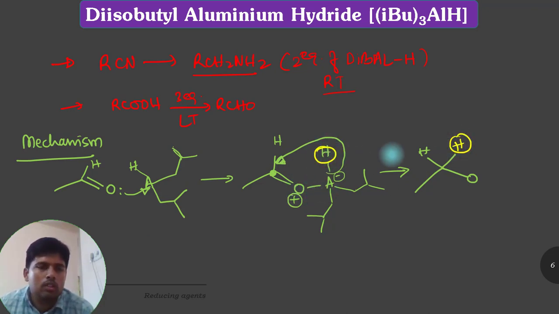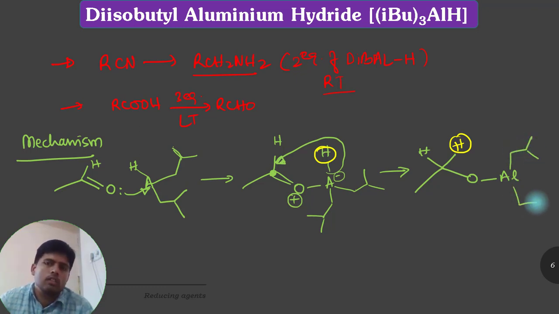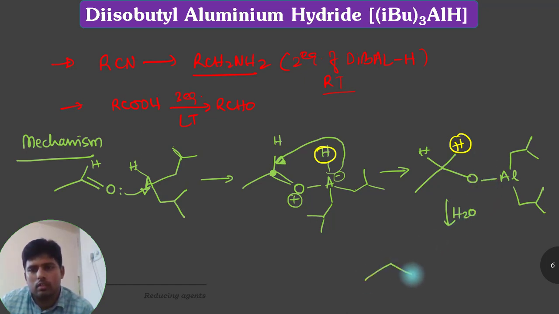So now this is going to be forming O-Al. So this on acid workup or normal water hydrolysis will result in OH.